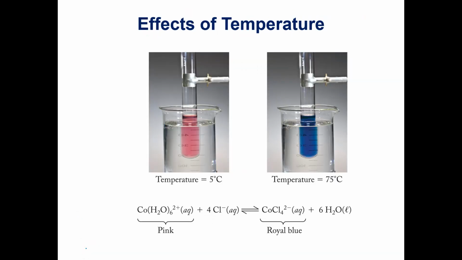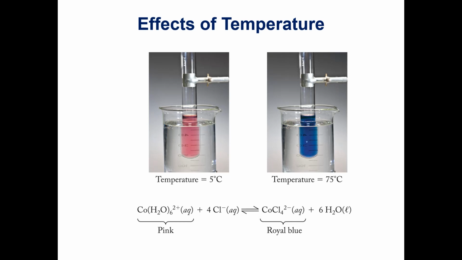Another example, we have cobalt, it's a complex, we have water molecules in here. When it's this complex, the solution is pink. When it is cobalt chloride, it's a royal blue color.